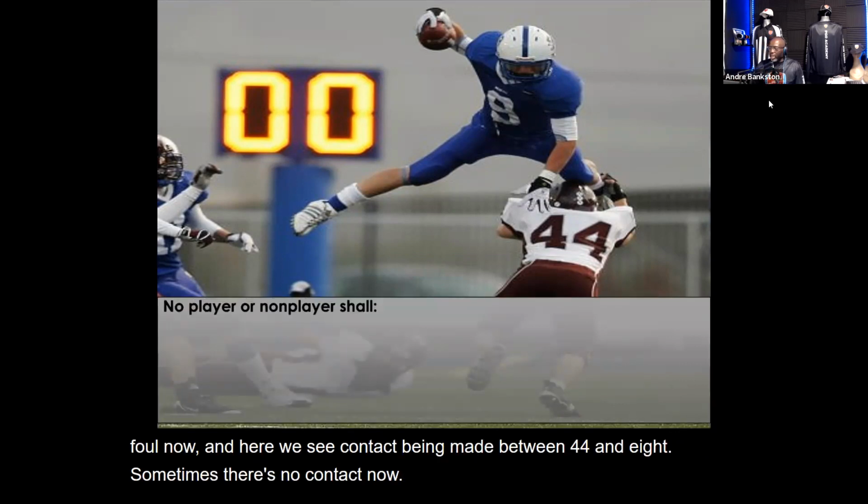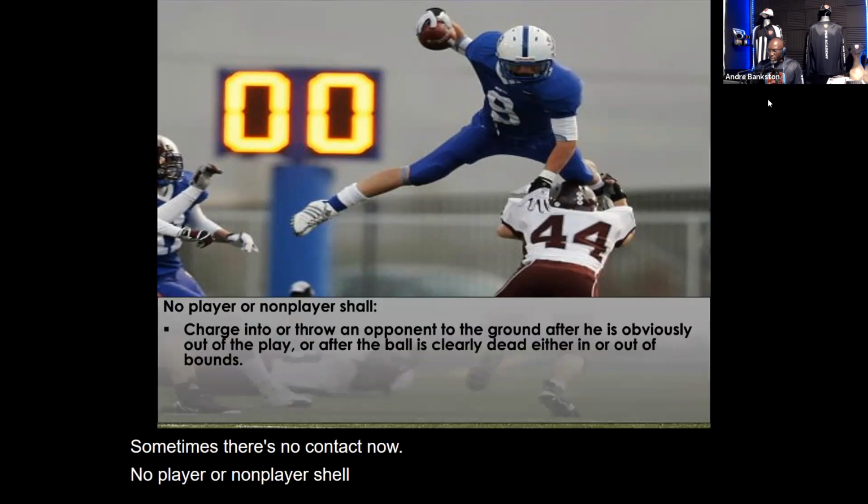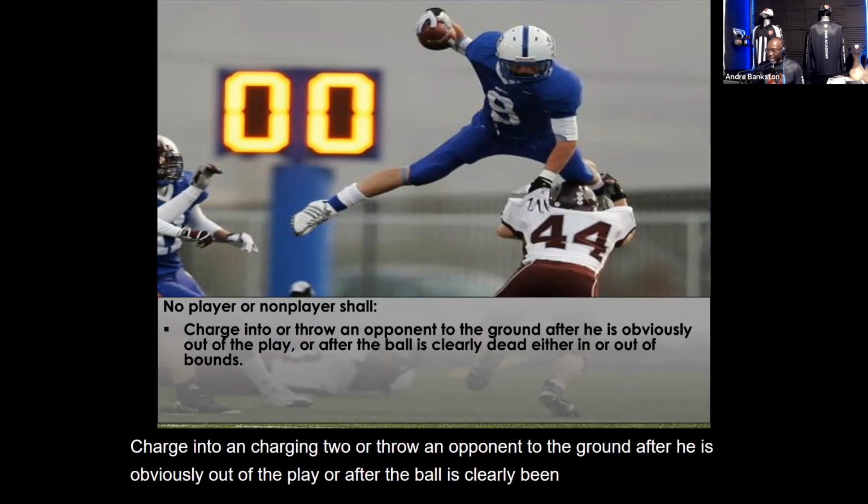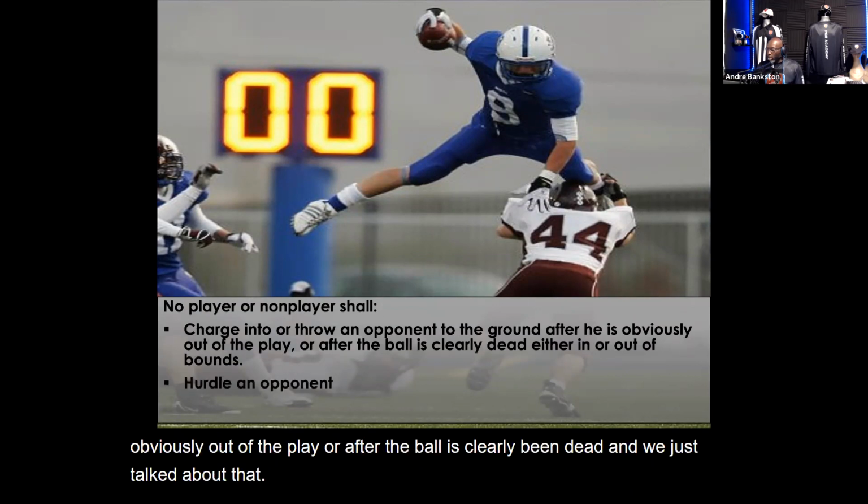No player or non-player shall charge into or throw an opponent to the ground after he is obviously out of the play or after the ball has clearly been dead, and we just talked about that, or hurdle an opponent.